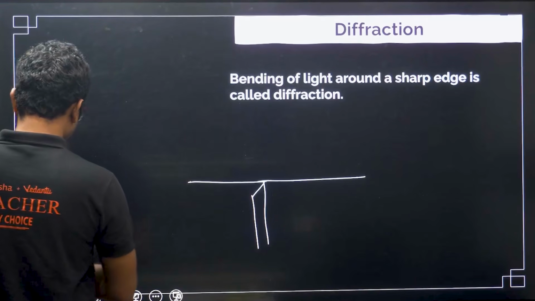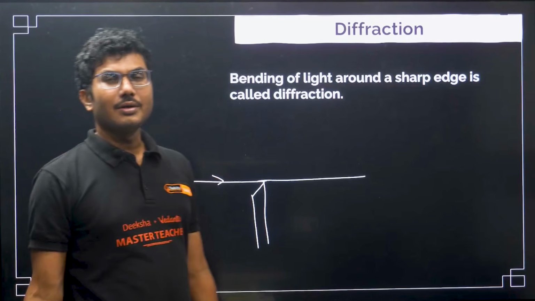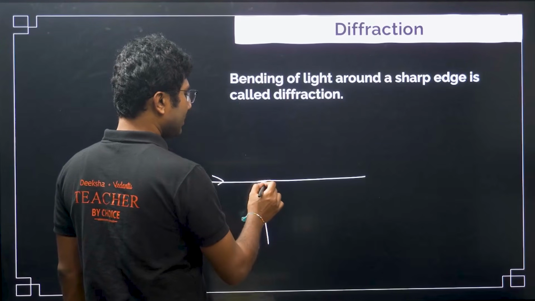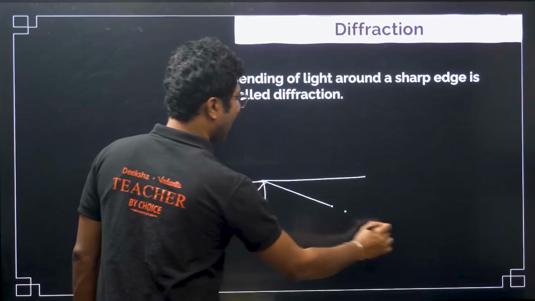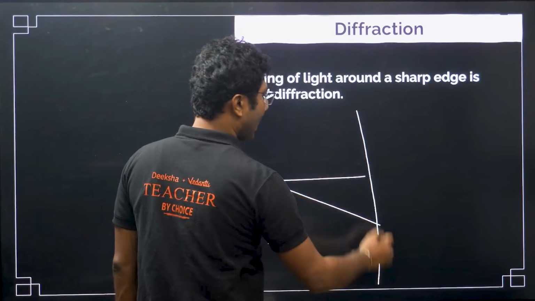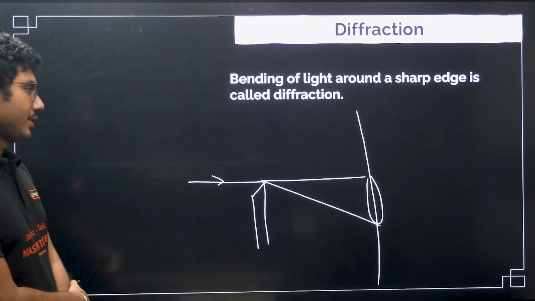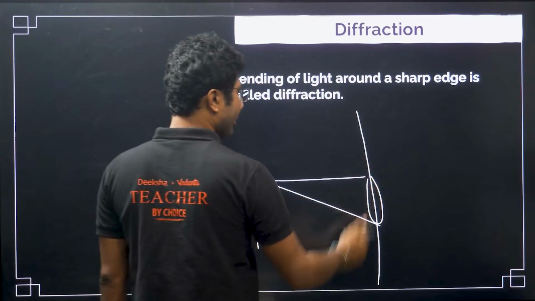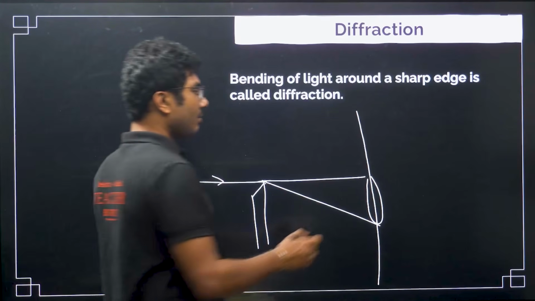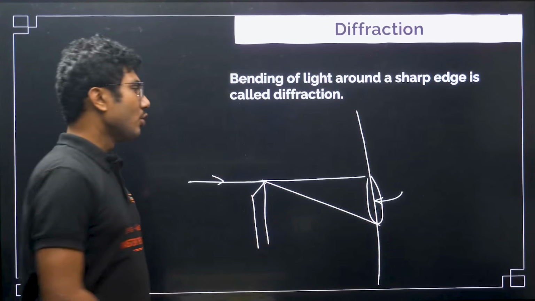But light is not so simple. Now we learned about the wave nature of light. At this point light will bend, and you will observe some light over here, not super bright, but some light. Originally, in terms of normal ray optics, this should be a region of complete darkness, but in reality we do not observe that.